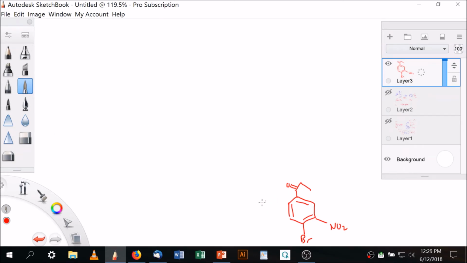So now the question is, how might we make something like that? Well, let's consider what was the last group to come on here. And this is what this slide is all about. I'm just going to do a lot of the work over here. So we might have said that the bromo was the last substituent. Or we might have said that the last thing to come on here is the nitro group.